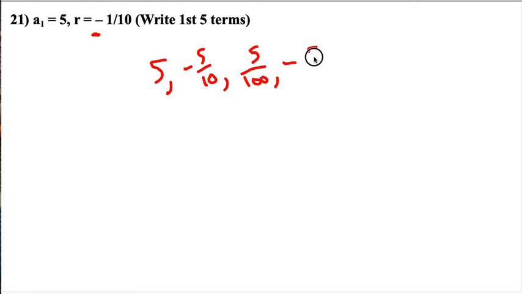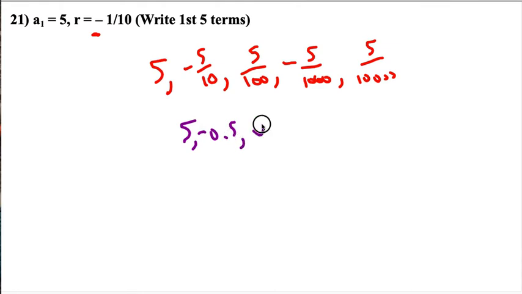So it's going to be negative 5/1000ths, and you guessed it, positive 5/10,000ths. That looks exciting, but we could say 5, negative 0.5, positive 0.05, remember hundredths place, negative 0.005, thousandth place.